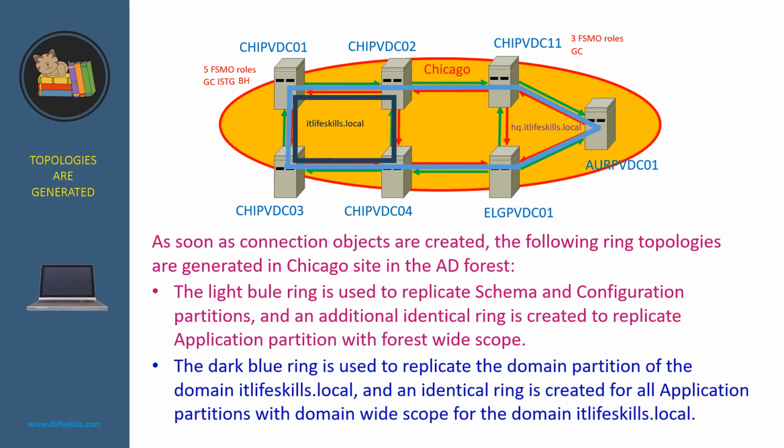The dark blue ring is used to replicate domain partition of the domain it-liveskills.local, and an identical ring is created for all application partitions with domain-wide scope for the domain it-liveskills.local.